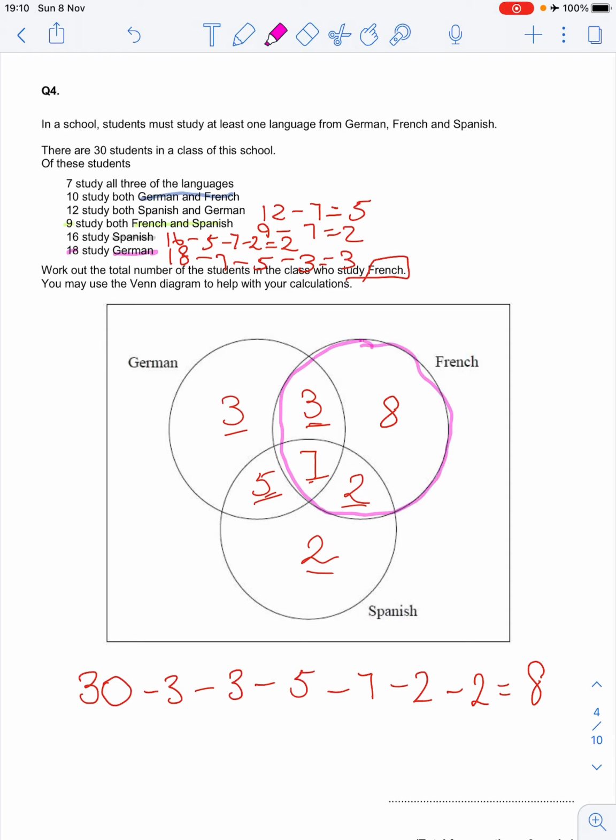This is everyone who studies French. So only French, French and German, French and Spanish, and French, German, and Spanish. So we need to add them up. This is 8 plus 2 plus 7 plus 3 equals 20. So there are 20 students who study French.